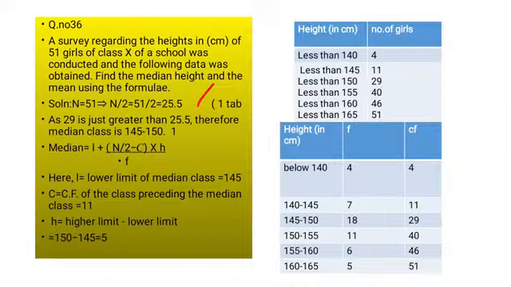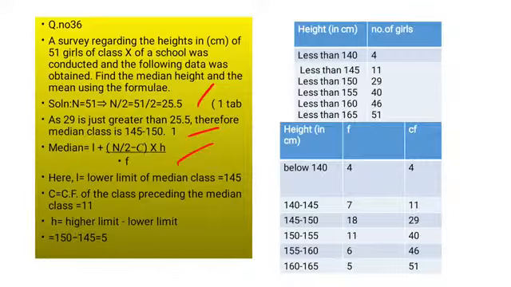As 29 is just greater than 25.5, therefore the median class is, first you select the median class by using n, the value which is just less than the cumulative frequency. Median formula: L plus [(n by 2 minus c) divided by f] multiplied by h.